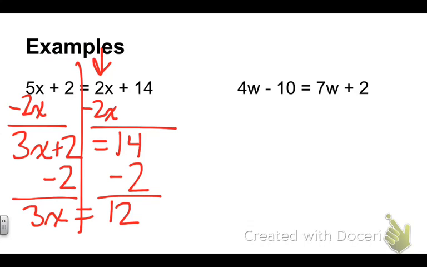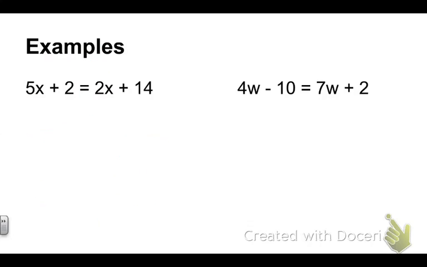I just want you to see how you need to get the variables on one side and the numeric terms on the other side. One thing I want to show you is what would happen if you didn't get rid of the 2x. What would happen if you got rid of the 5x? It's not a big deal at all.